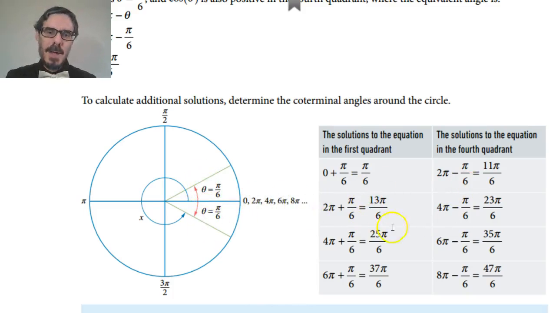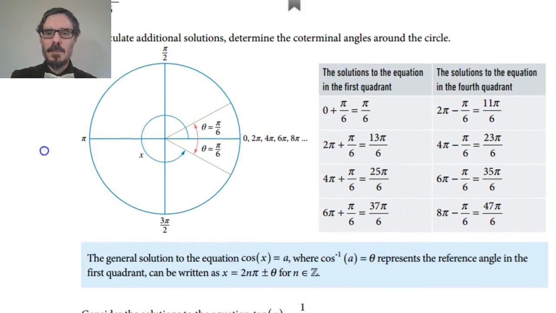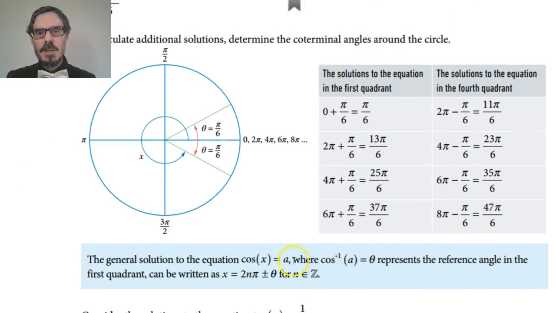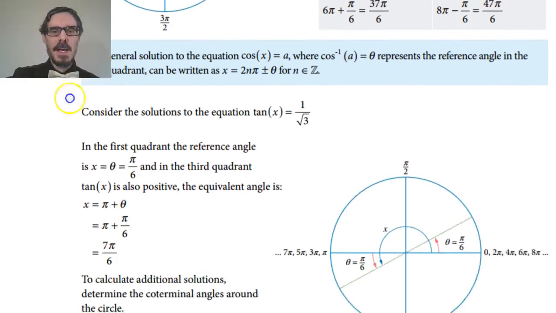So we could step them out one at a time, or we can actually write a general form, like before. The general solution for cos is going to look like this. An even multiple of pi, plus or minus the reference angle. And tan is exactly the same.